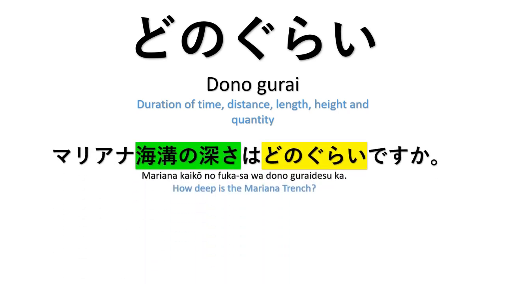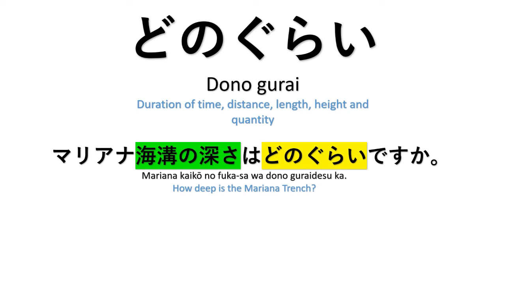Another example. マリアナ海溝の深さはどのぐらいですか？How deep is the Mariana Trench? So here, donogurai is referring to the height, the deepness. Okay? So, 海溝の深さ, the deepness of the Mariana Trench. And how deep is it?